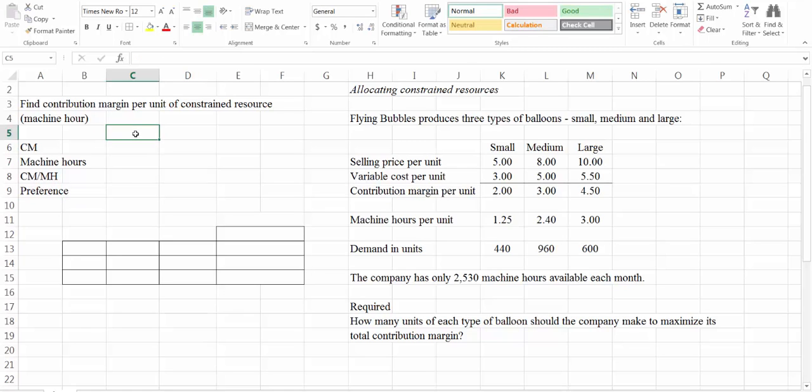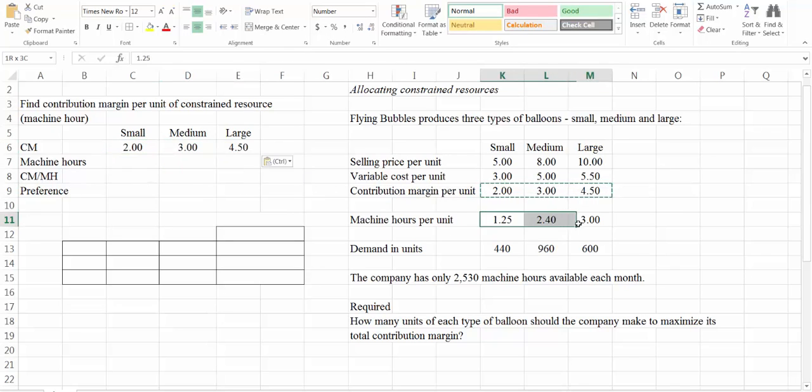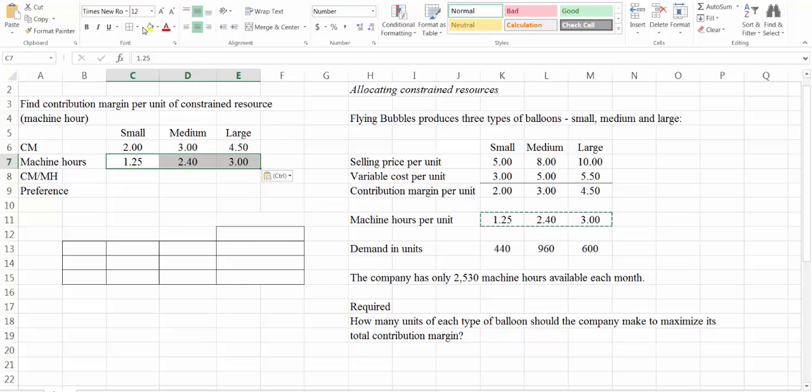So what we have here is our small, medium, and large. Then let's put in the information. We're just going to take our contribution margin per unit from here, and then we're going to take our machine hours that we were given. I'll put a line under there so we remember that we're dividing.